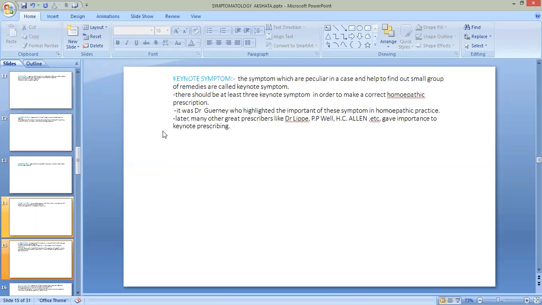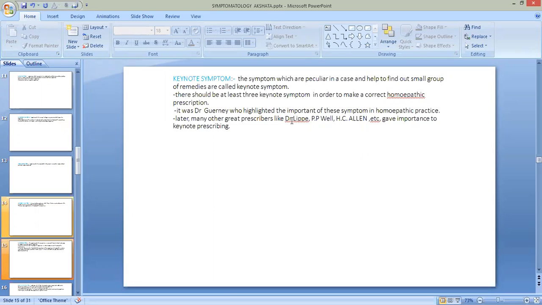It was Dr. Guernsey who highlighted the importance of these symptoms in homeopathic practice. Later, many other great prescribers like Dr. Lippe, Dr. Well, Dr. Allen, gave importance to keynote prescribing.